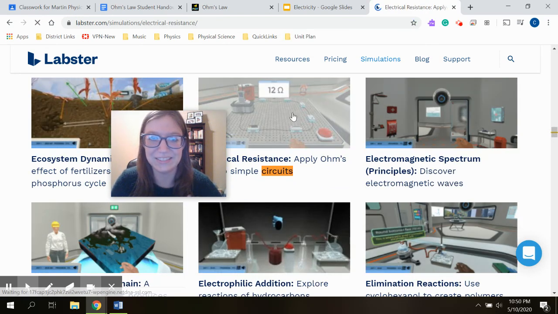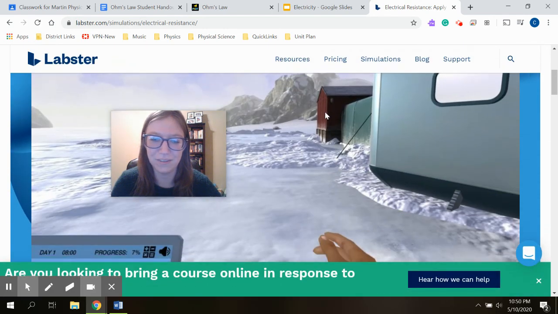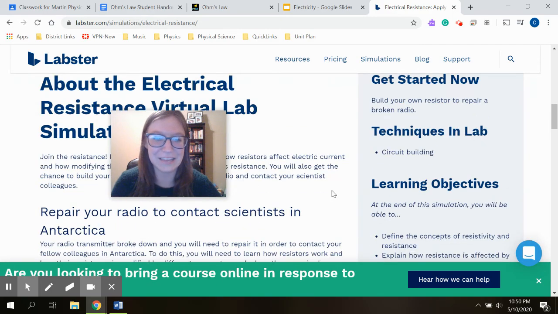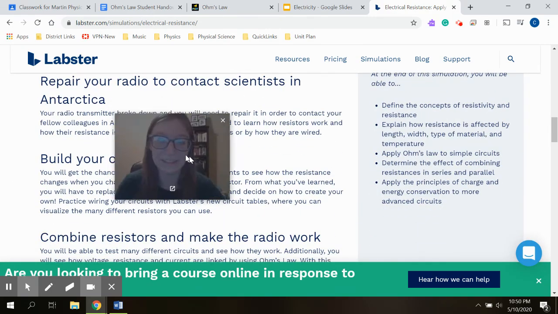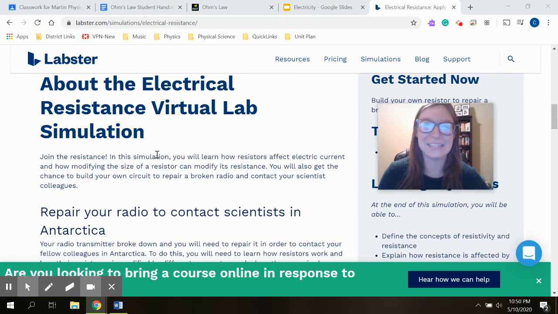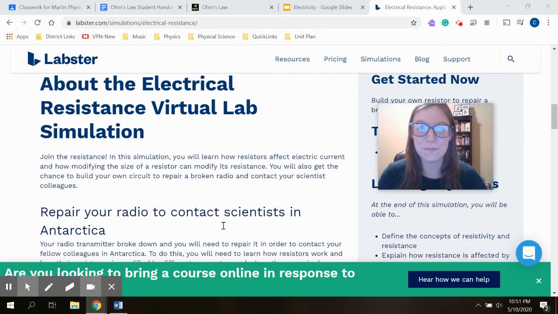Ah, yes. We had to do the Ohm's law one, and they didn't have a more basic one. Behold, they're beautiful, and they only take 30 minutes to do. And look everyone, you can repair radios to contact scientists in Antarctica in real life scenarios. And also, you combine things like resistors and you make it work.